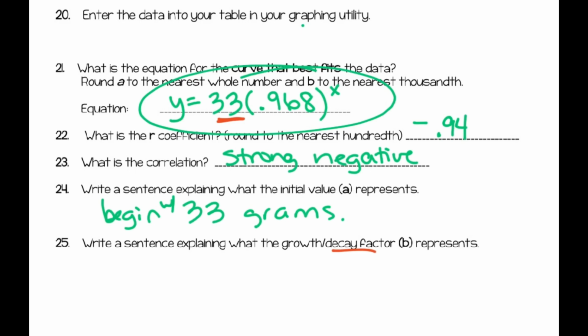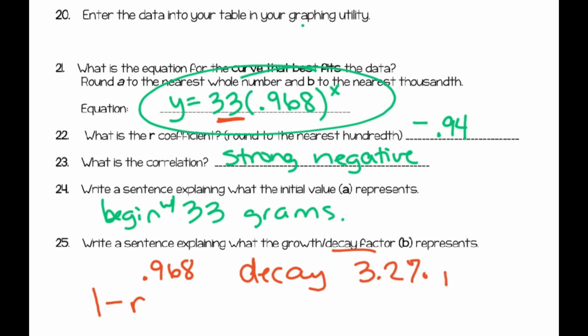Now, as far as the decay factor, the 0.968, that means that it is decaying, okay, because it's less than 1. And remember that it's 1 minus whatever the rate is. And so you can find the difference. You can say, what's 1 minus 0.968? And you get 0.032. So it's decaying by 3.2% per second.